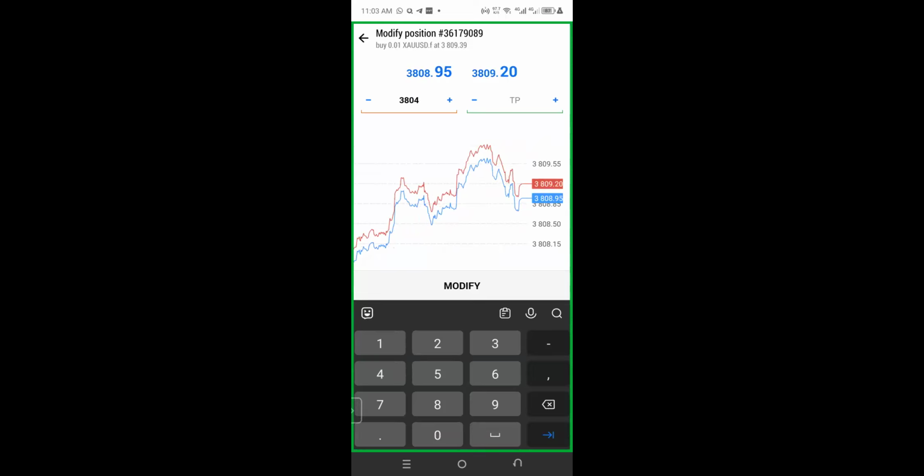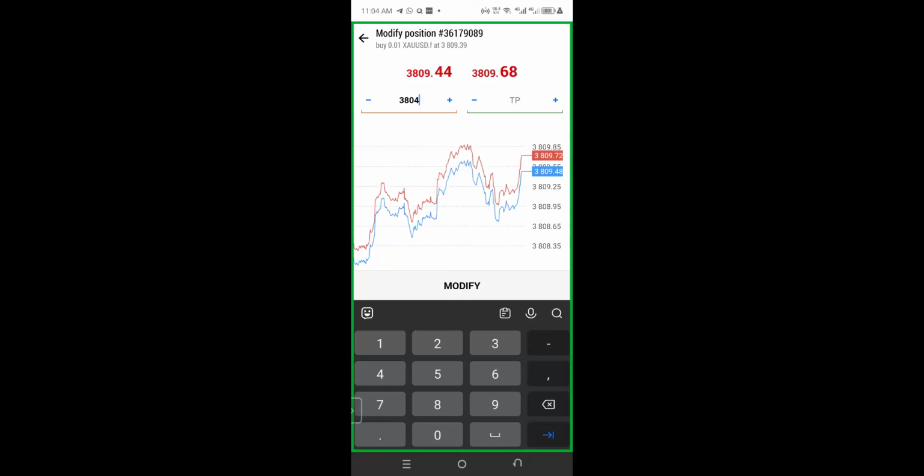But because I'm talking about trailing stop, and we assume that price has really gone away from my entry, which is 3809.34, let's say it is now at 3815.